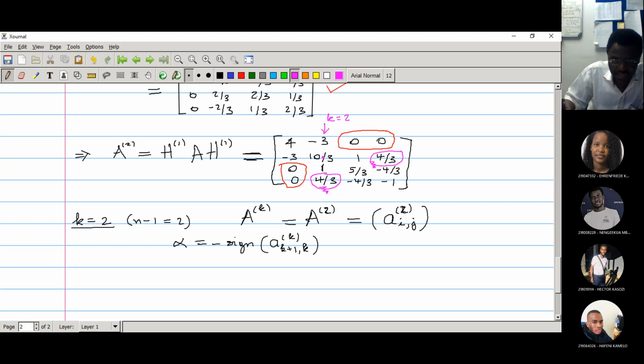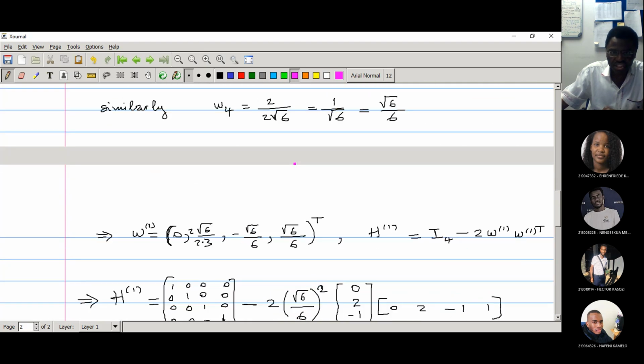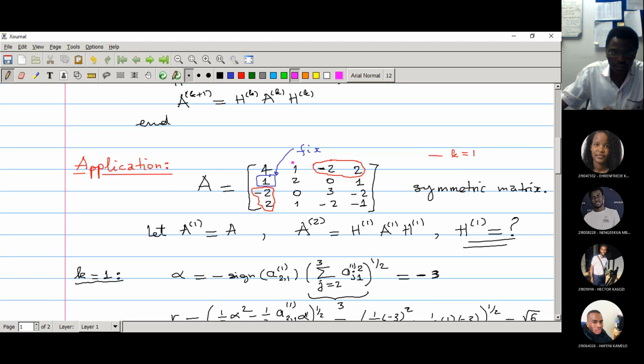Similarly here, this is the main diagonal, we fix this element because we don't want to disturb it, we don't want to zero it, that's why we fix it. If you remember what I said previously, that we fixed an element, here it's -3. Let us go up again and check. We fix this entry. This is the entry that we don't want to perturb.